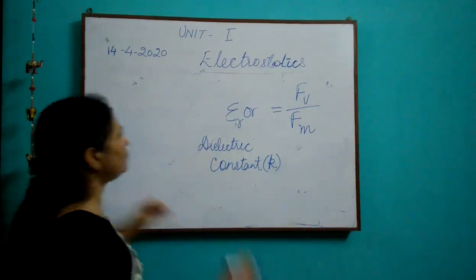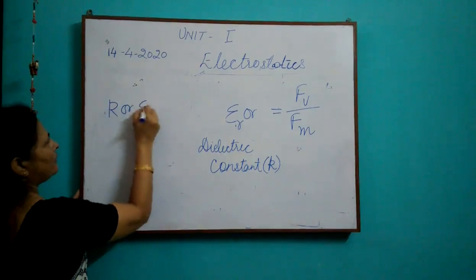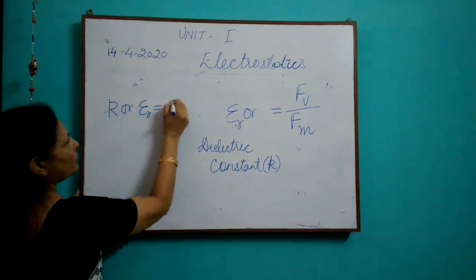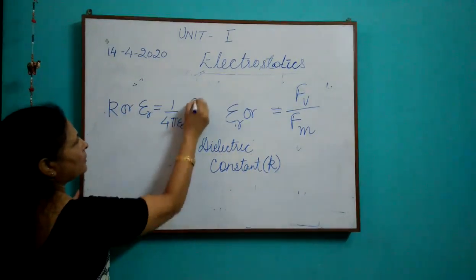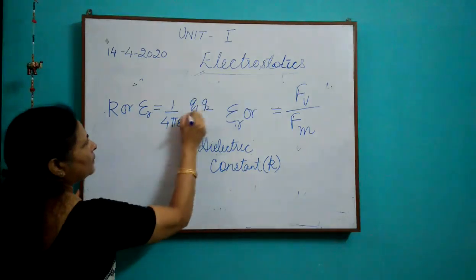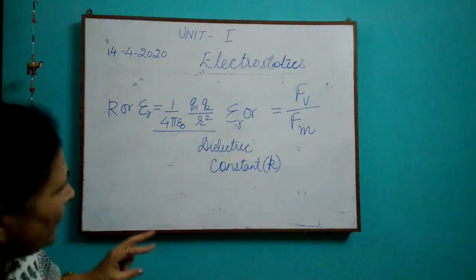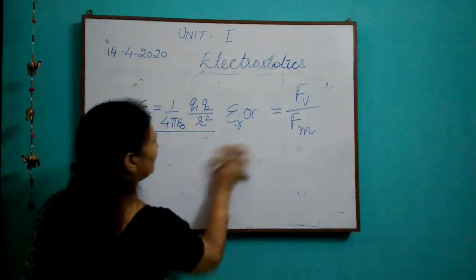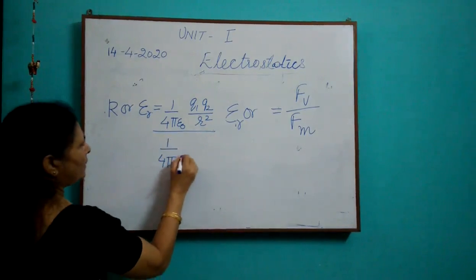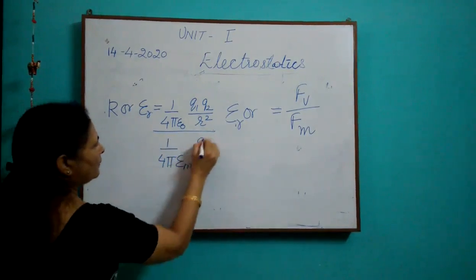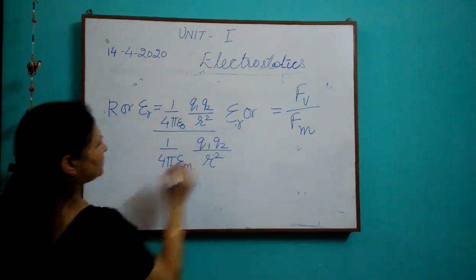Now what will be the value? Your small k, or epsilon R, will be equal to 1 by 4 pi epsilon naught Q1 Q2 upon R square, divided by 1 by 4 pi epsilon m Q1 Q2 upon R square.